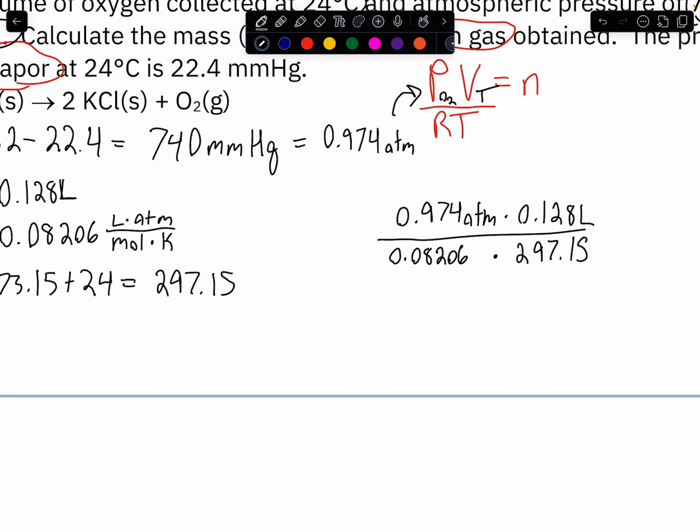So if we multiply that all out, 0.08206 times 297.15. We'll have this divided by this.